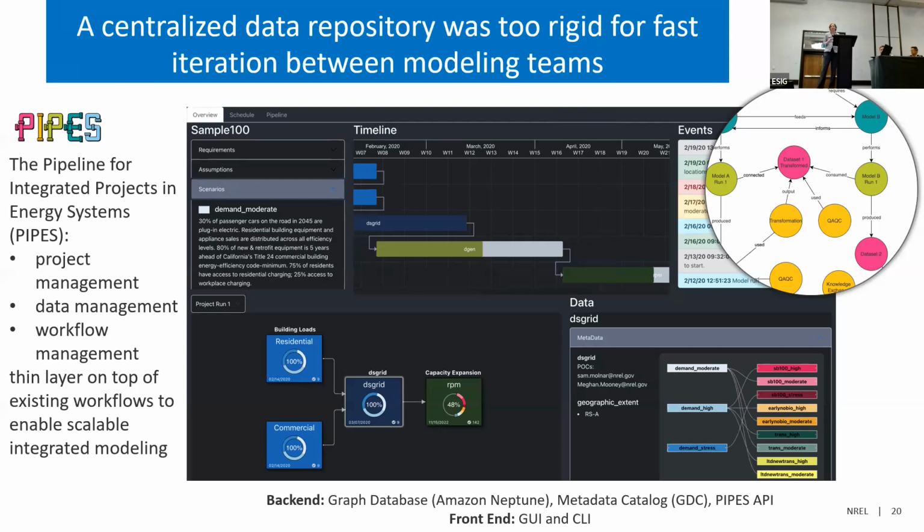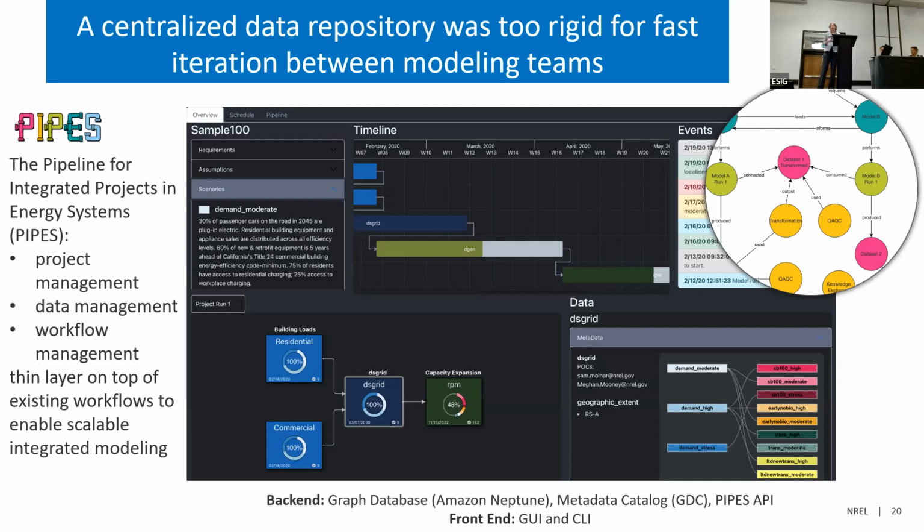So we had, I kind of already mentioned, the capacity expansion modelers and the production cost modelers and the power flow and the resource adequacy modelers. There were times in the project when they were all iterating really quickly, trying to get a scenario that would work. And the extra overhead of uploading data to a data repository and downloading it was just too much, especially since some of these data sets are a little bit big.